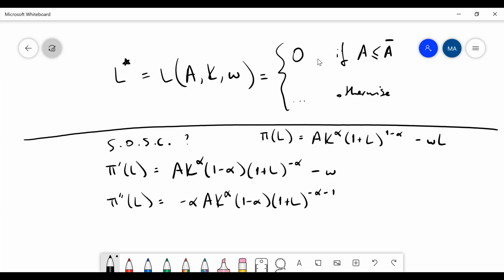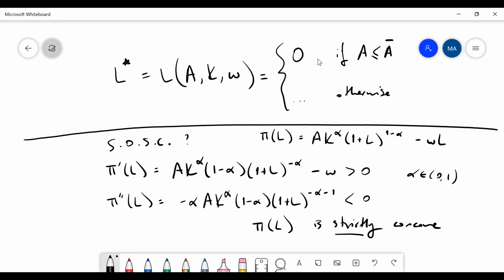Now, since alpha is between 0 and 1, and since L is non-negative, all these imply this is positive and this is negative. In fact, what we found here is that our objective function is strictly concave. Strict concavity also implies, as you know, the uniqueness of the solution.